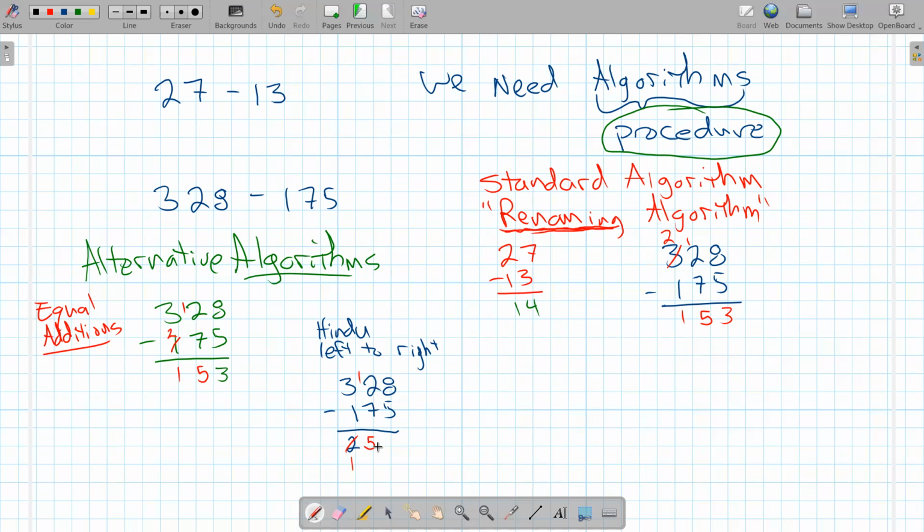That 5 definitely belongs in that column there. It's 5 tens, no problem. And then 8 minus 5, that's no problem either. That's 3. And so I can see my answer here is 153. So that's the left to right algorithm. With the Hindu left to right algorithm, important thing here is we end up borrowing from below.